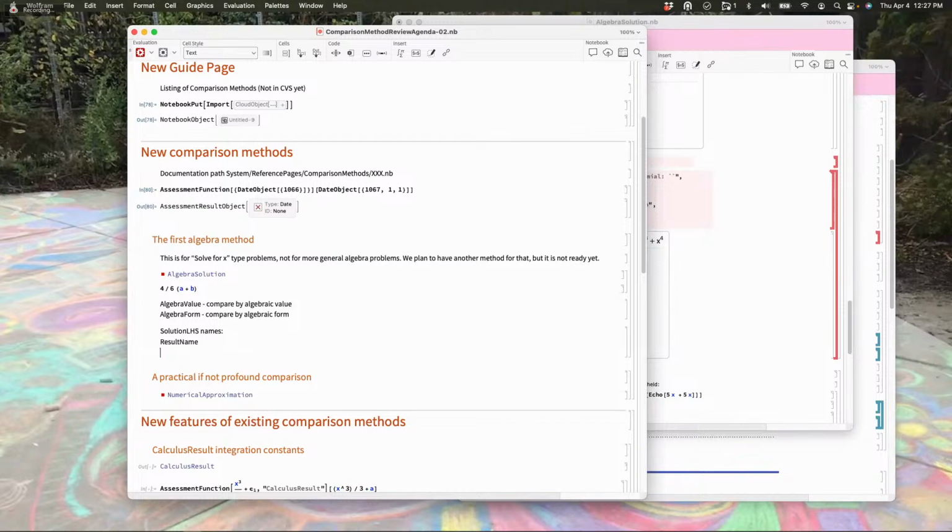Result form? No, but it's not what it is. Because the result name will just be X, for example, here. So 98% of the time it's just going to be a single symbol.